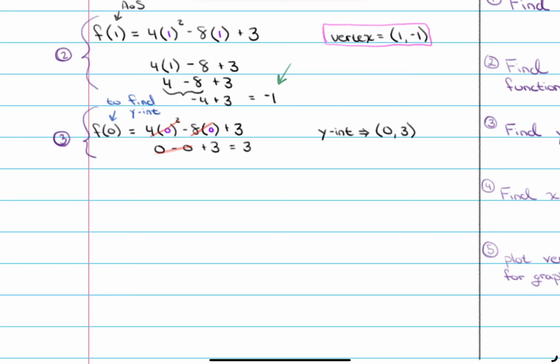Okay, so if I take my function, which is 4x squared minus 8x plus 3, it's that same function as before. If I factor that, I can use the box method. So I'll actually do it right over here.